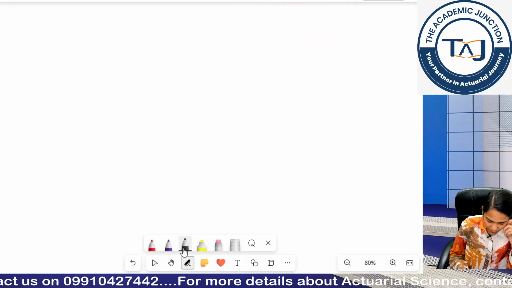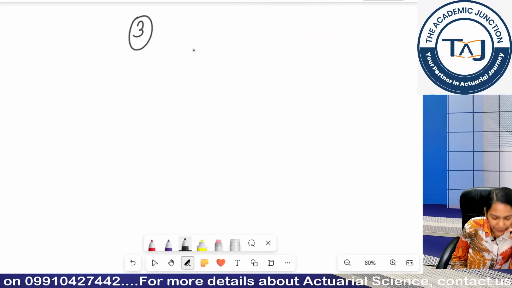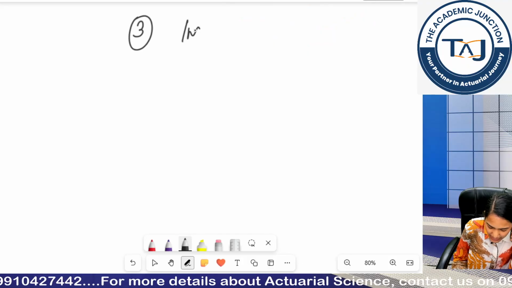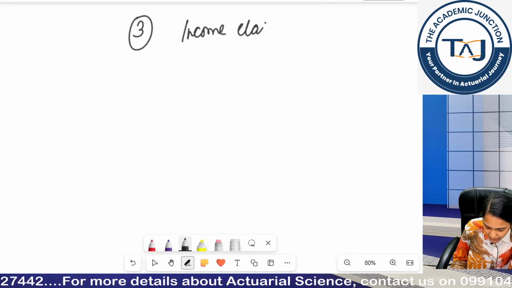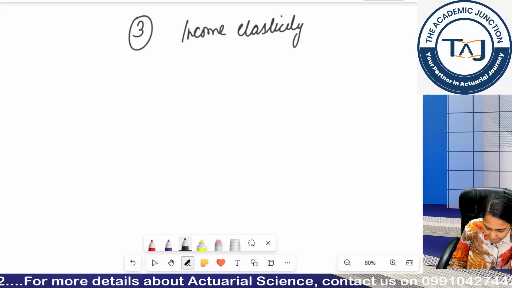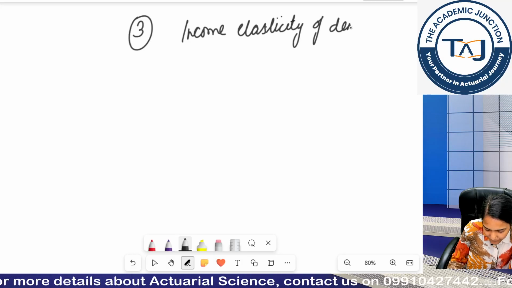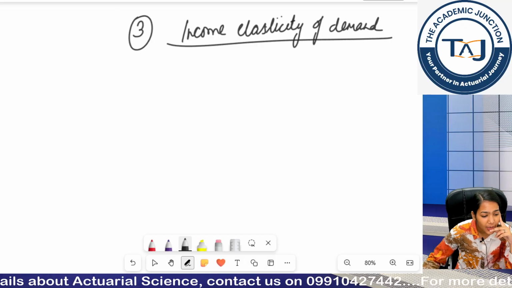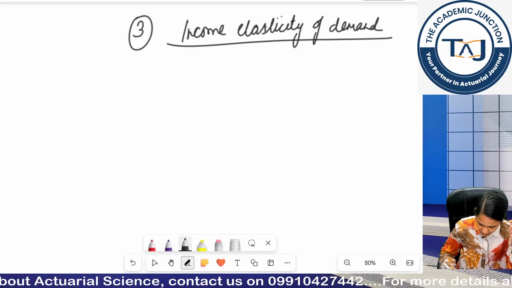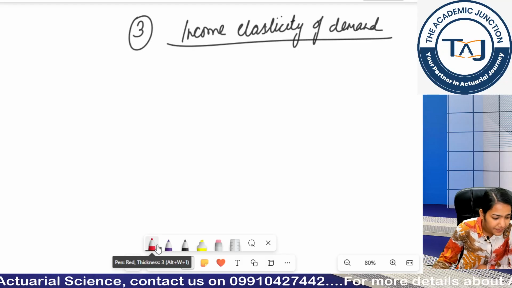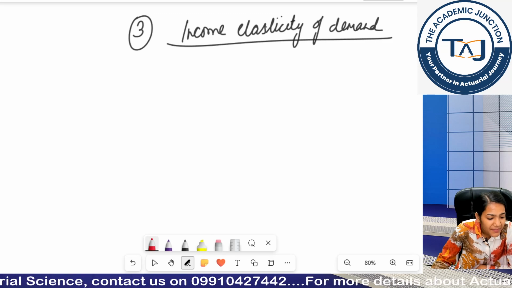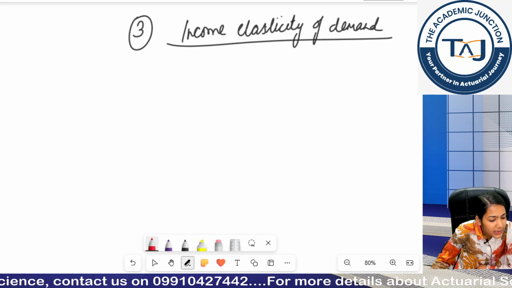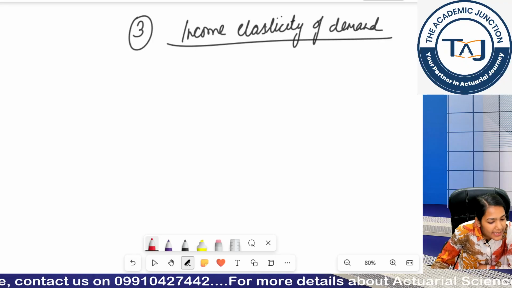So shall we move forward? Now the third type of elasticity can be my income elasticity of demand. What is the income elasticity? Previously we were talking only about price elasticity, right?